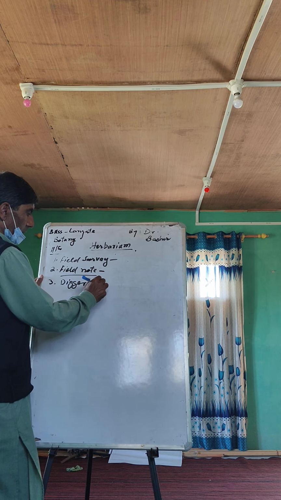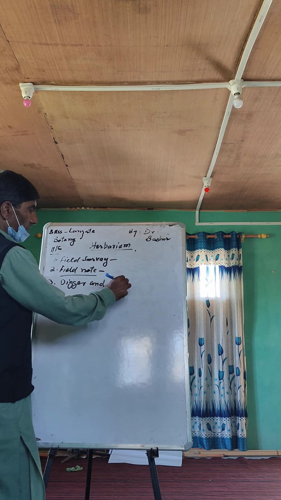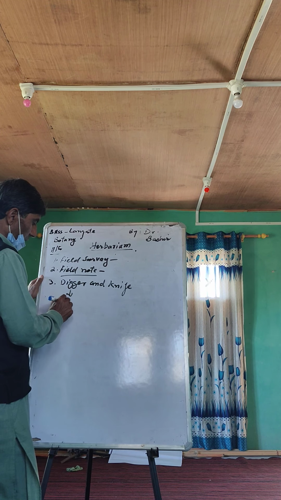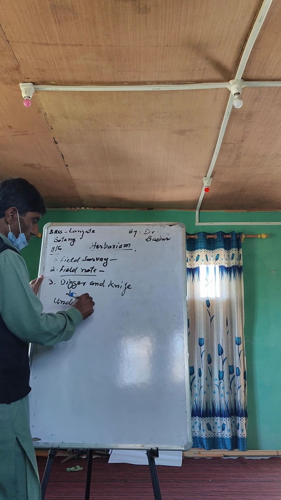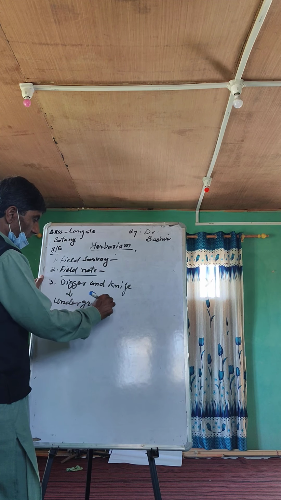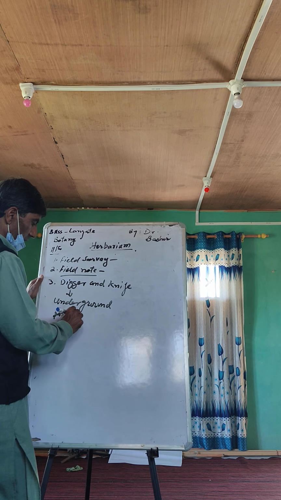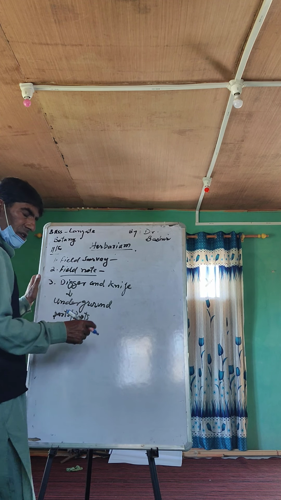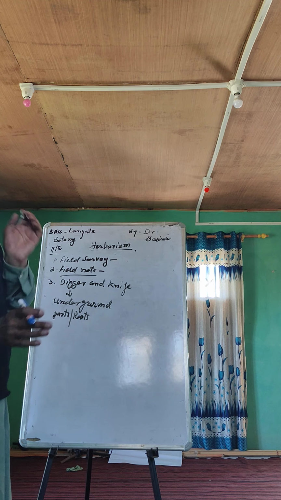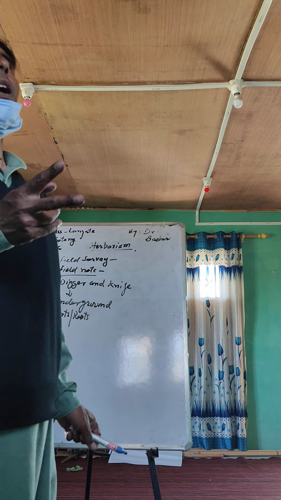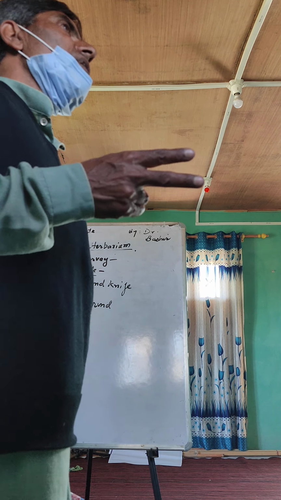Number three is the digger and knife. These two tools are used. The digger is used to remove underground parts, that is roots, rhizomes, corms, etc. And the knife is used to cut if we want to make a herbarium of trees or shrubs.